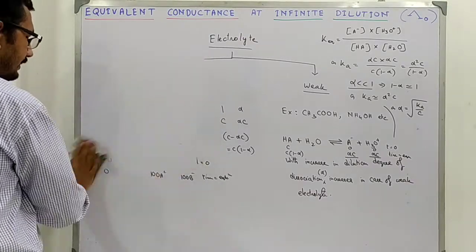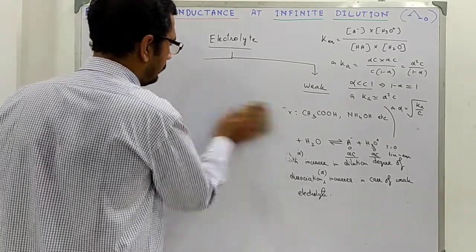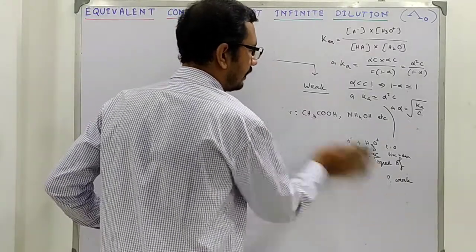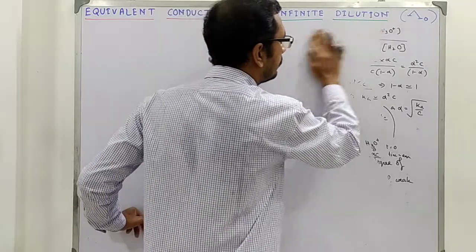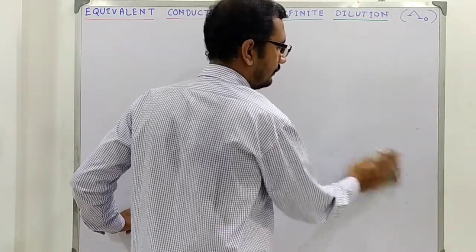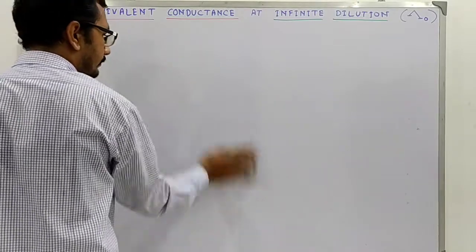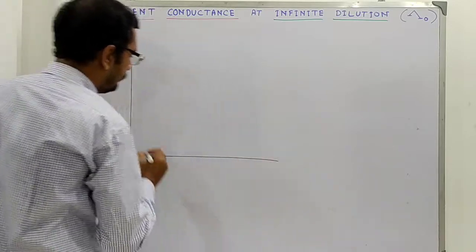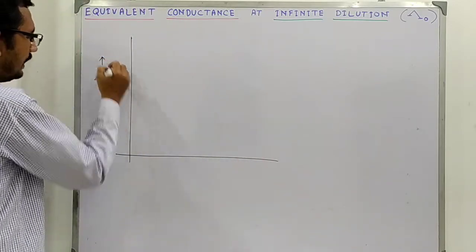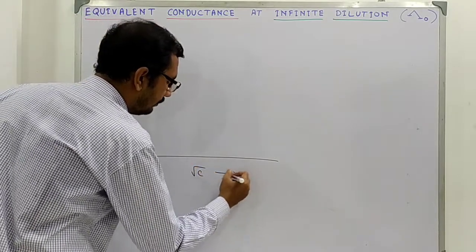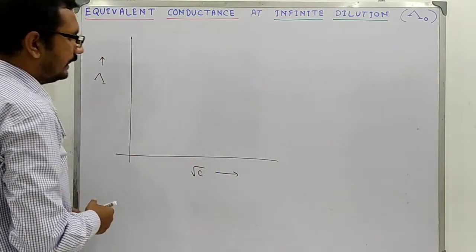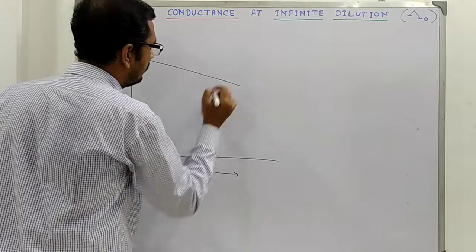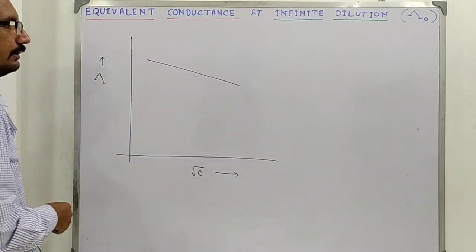Now Kohlrausch gave an empirical expression regarding the variation of equivalent conductance for strong electrolytes. So, if we plot equivalent conductance as a function of root over concentration, then it is observed for strong electrolytes that it behaves linearly.